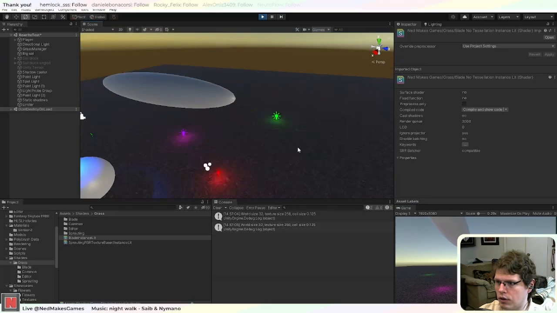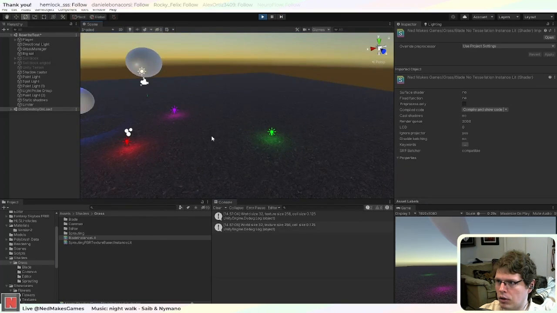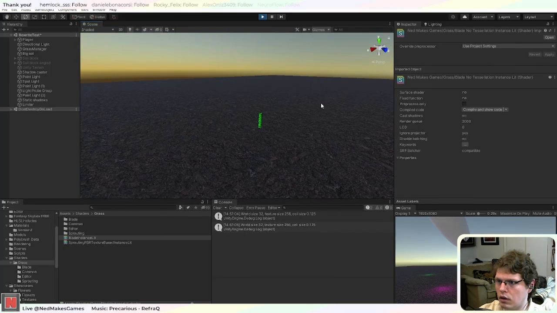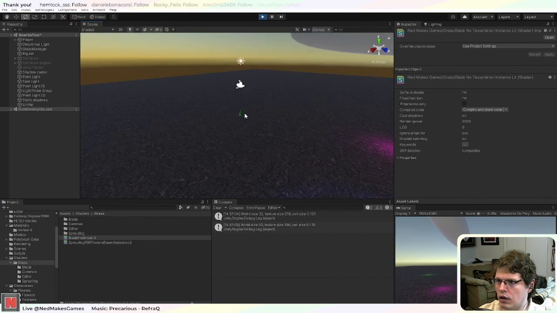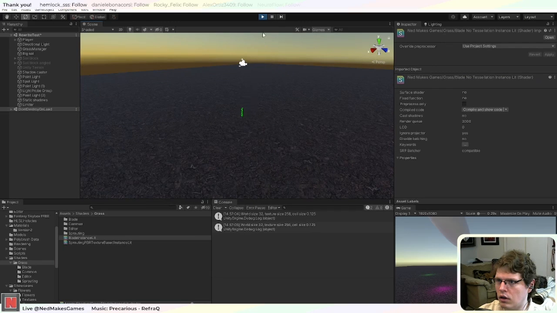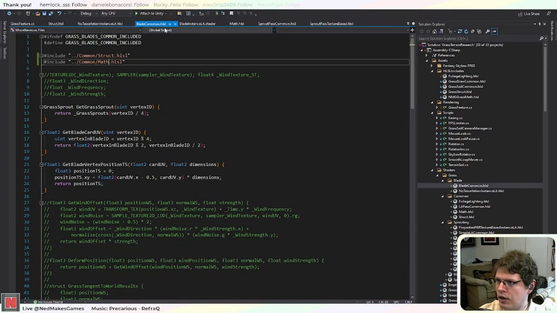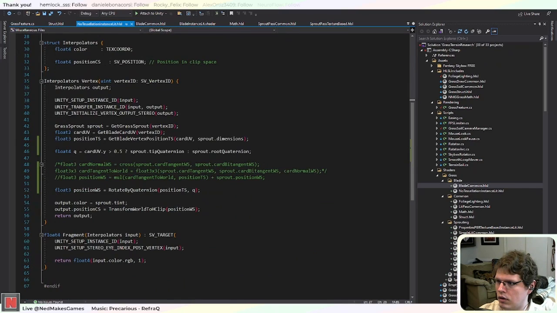Okay, so nothing shows up, so we've got some problem. Or, wait. They're all right there. Okay, yeah, I didn't apply the offset again. So yeah, I need to just add the sprout's position.